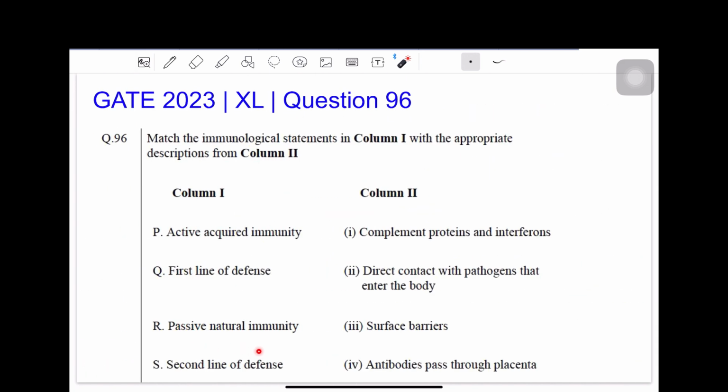Okay, coming to passive natural immunity here, which is option R. Passive natural immunity can be matched with the antibodies that pass through the placenta. So, as I mentioned, newborns receive the antibodies from the breast milk. Also, there are antibodies that can cross the placenta.